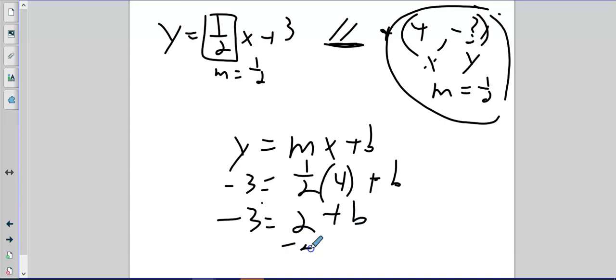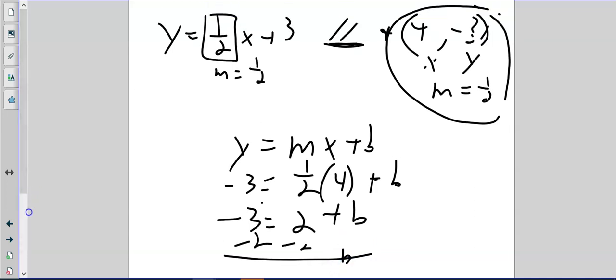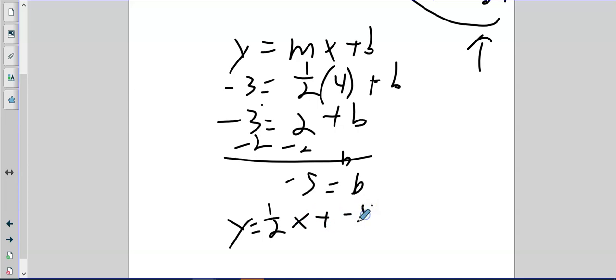Now we just solve for b. -2 minus 2. B is -5. Now, we have the slope, we know it's 1/2, and we know our y-intercept, -5. So we just put y equals 1/2 x minus 5.